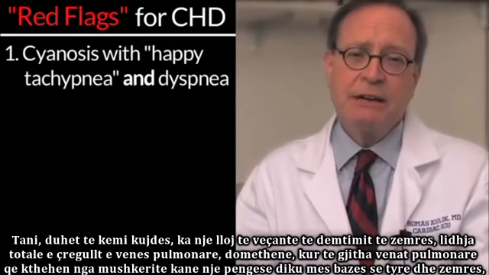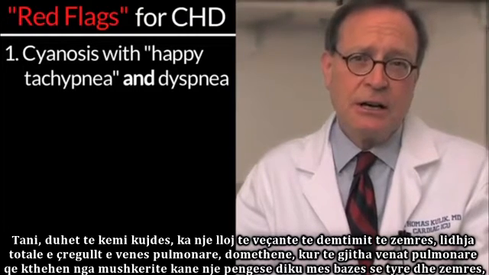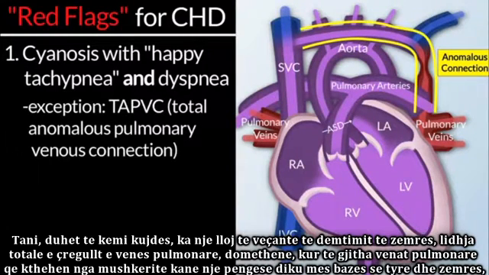Now, one has to be careful, though. There is a particular type of heart lesion, total anomalous pulmonary venous connection, that is to say, when all the pulmonary veins returning from the lungs have obstruction somewhere between their origin and the heart.